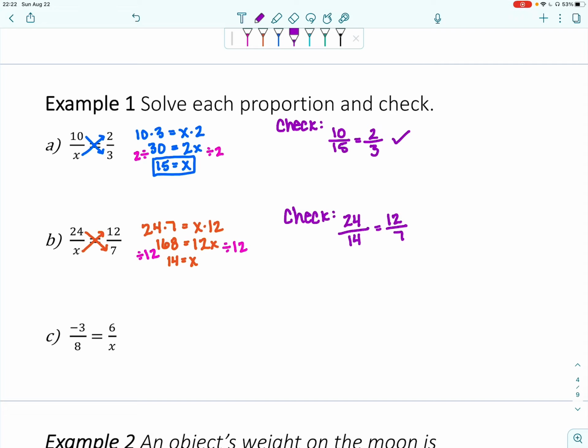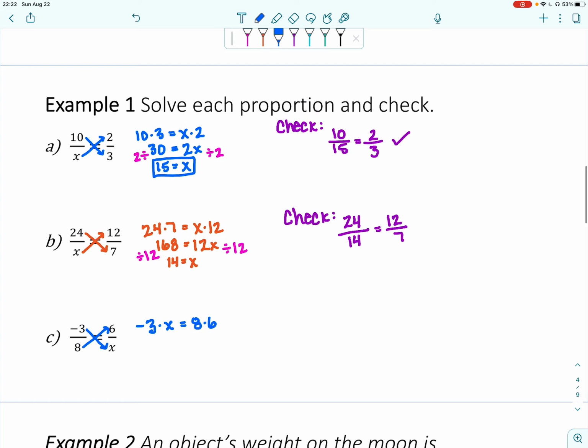And then the last one here, totally fine that we have a negative. So I'm going to cross multiply. So negative 3 times x equals 8 times 6. I'm going to write negative 3x equals 48.